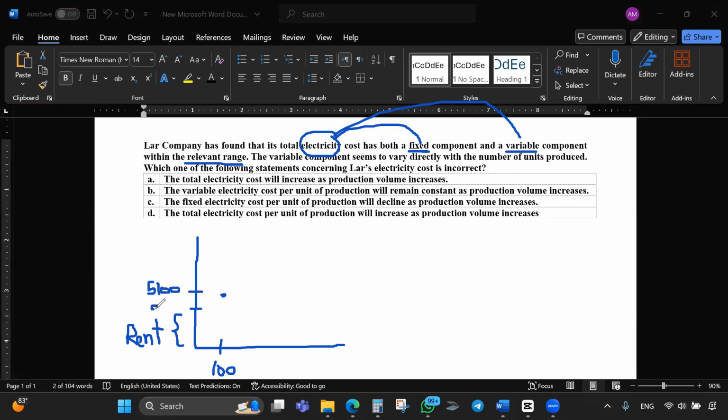Fixed cost is 5,000. So let's say that the product costs us $1 per unit.